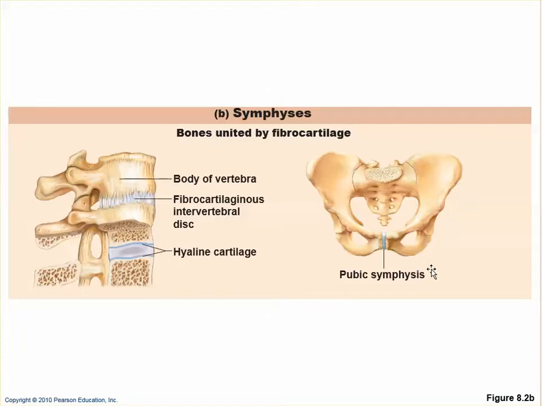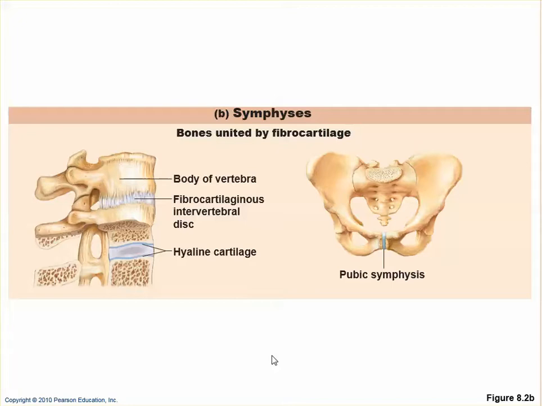It also has to take tensile forces, legs spread apart or delivering a baby, anything like that will tend to put a tension force on the pubic symphysis, and that has to deal with it all. There's not very much movement happens there.